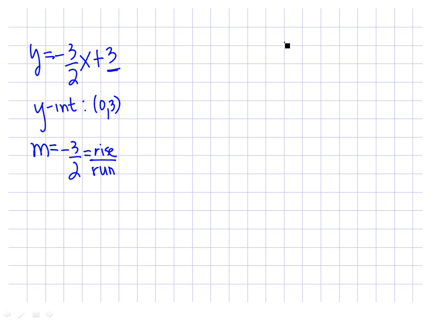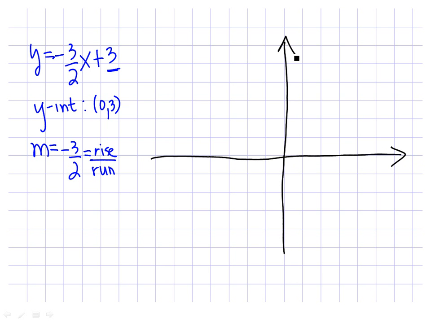So let's draw coordinate axis here. So first plot 0, 3. Alright, 0, 3 is here.